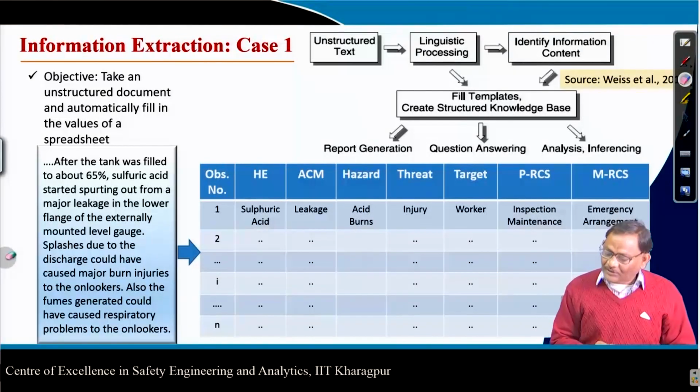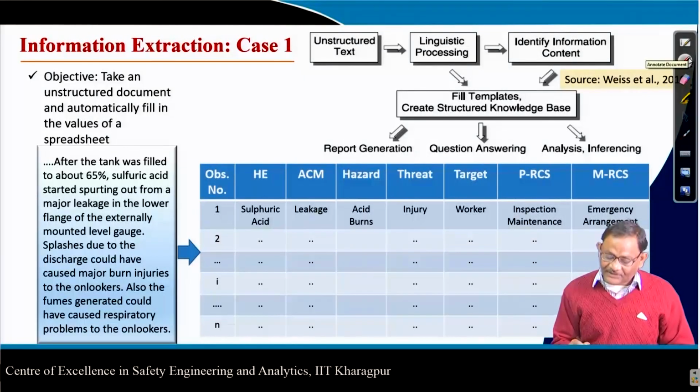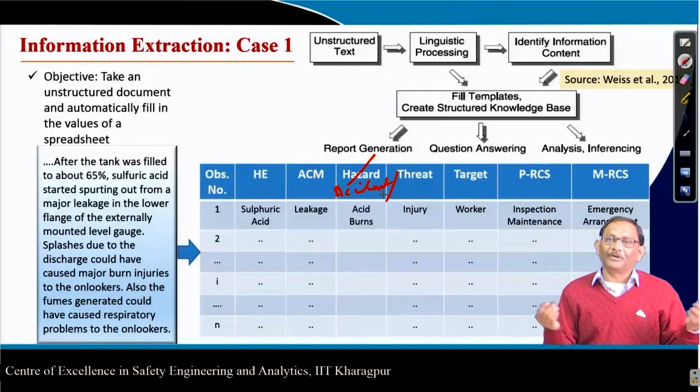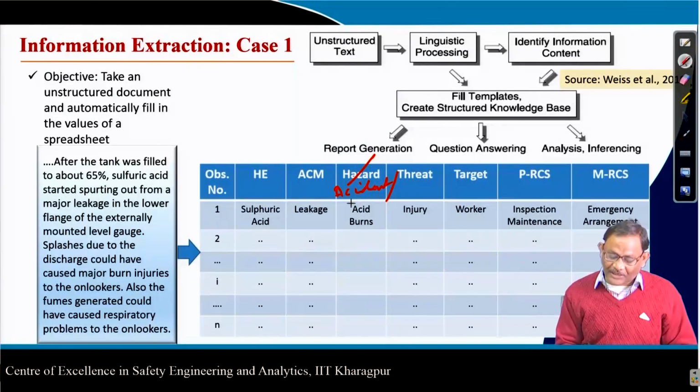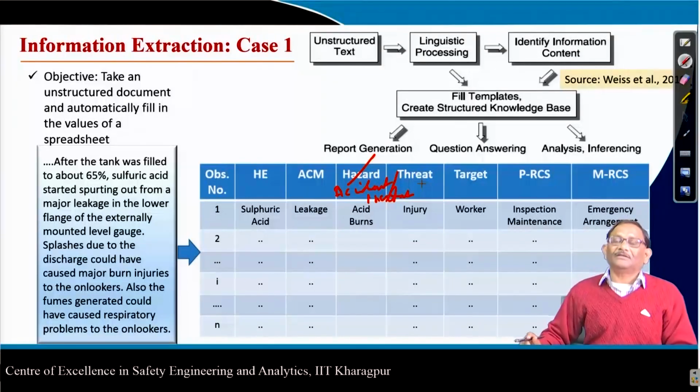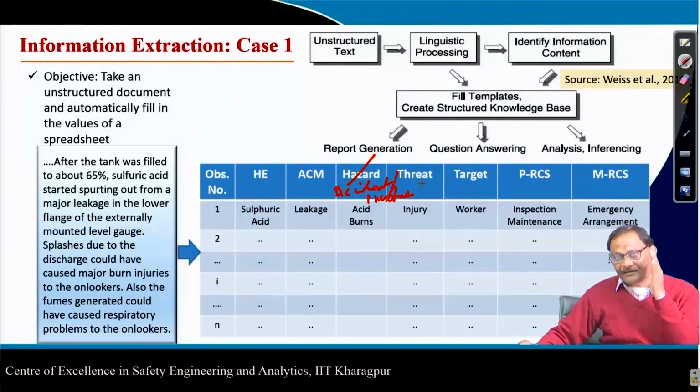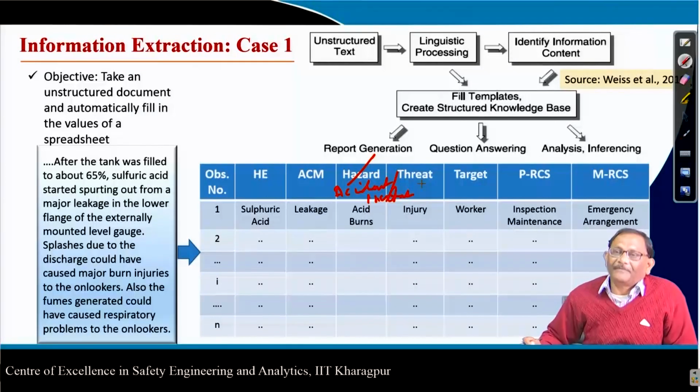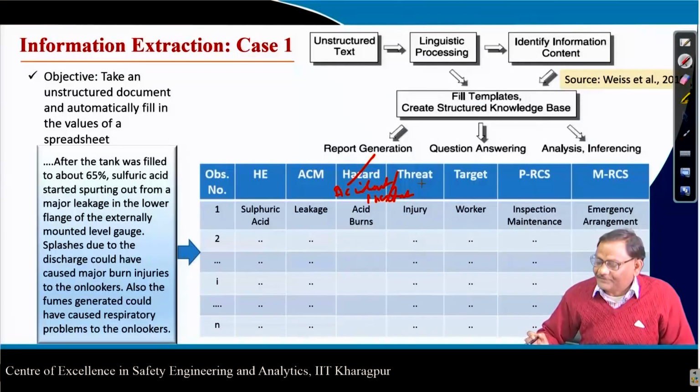And once you are able to generate this kind of information database, that is the ultimate thing I am talking about. That is the beauty of this text analytics for our purpose. What is our purpose? Accident prevention and consequence mitigation, from the safety and risk analytics point of view.